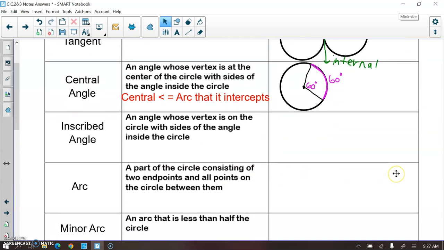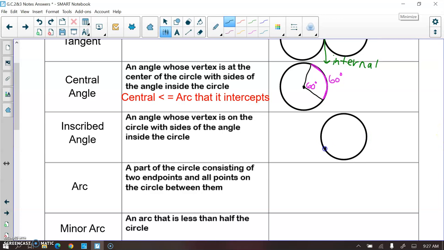An inscribed angle, we'll learn more about inscribed angles, but an inscribed angle is created by the vertex being on the edge of a circle, and the rays of your angle or the sides of your angle being chords of your circle. So something like this. Now there is a relationship between the angle itself and the arc that it intercepts, but we'll learn that a little bit later.